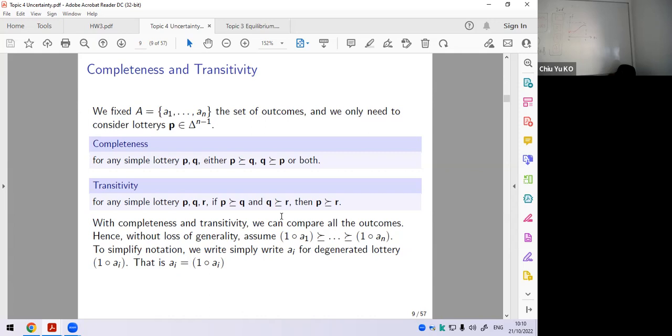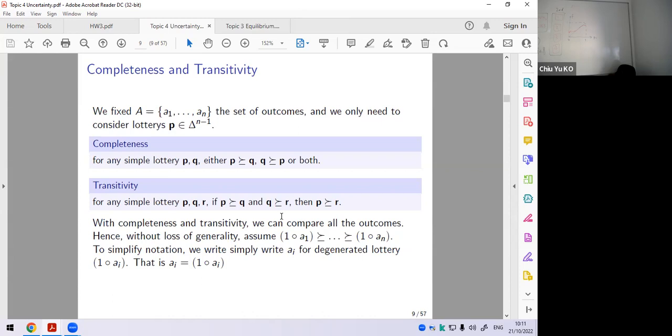And I think I also mentioned in topic one that recently there are models trying to remove transitivity. The reason is that the human mind is unable to detect small differences.